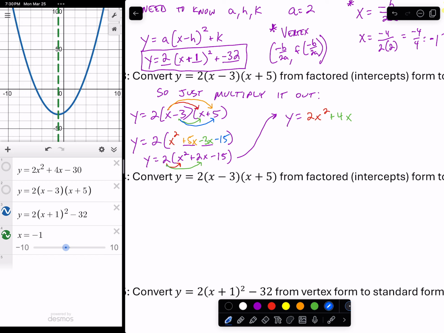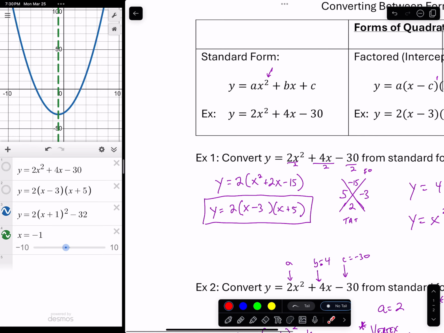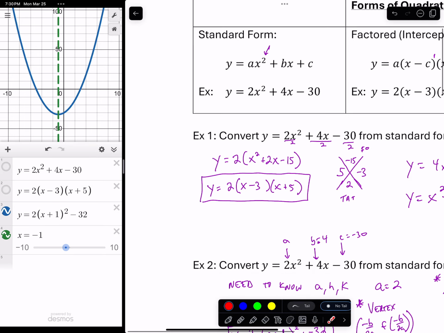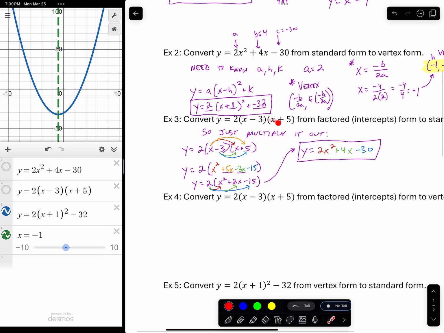And then the 2 times the negative 15, I get minus 30. And that is our final answer. You can see that was the standard form we have up here. So going from factored form to standard form is just about multiplying everything out.